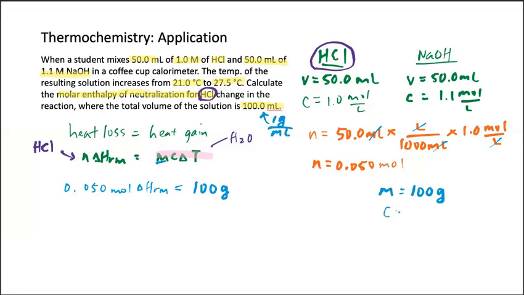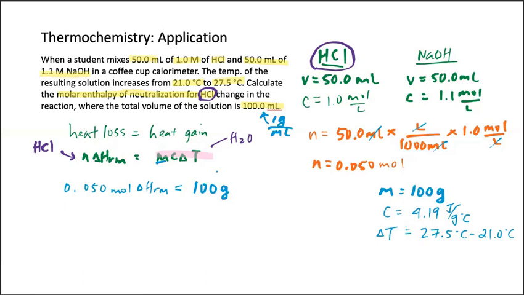And then the specific heat capacity, that is 4.19 joules per gram degree Celsius. And the change in temperature is 27.5 degrees Celsius minus 21.0 degrees Celsius.